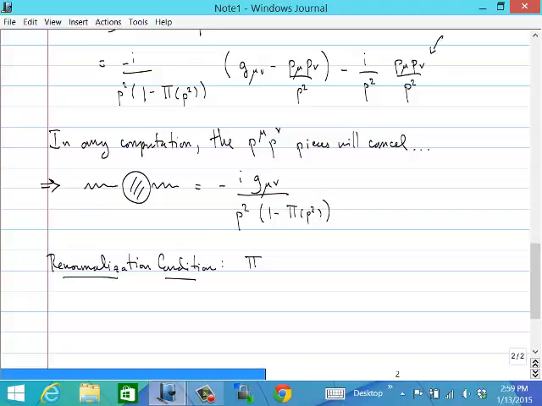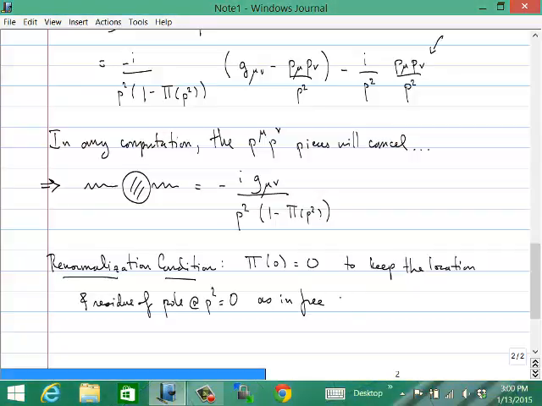So a renormalization condition, if we wanted to write it this way, would just be that Pi evaluated at p squared equals 0 has to be set equal to 0, to keep the location and the residue of the pole at p squared equals 0, as in free quantum electrodynamics.